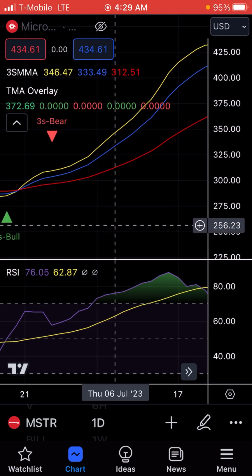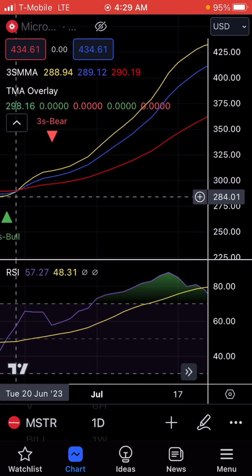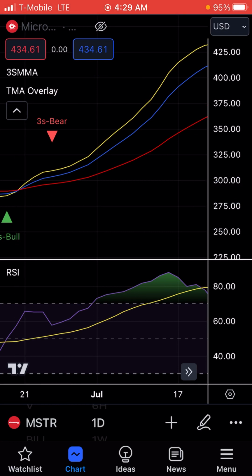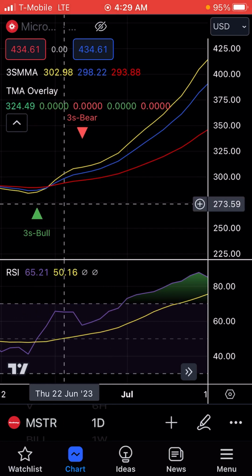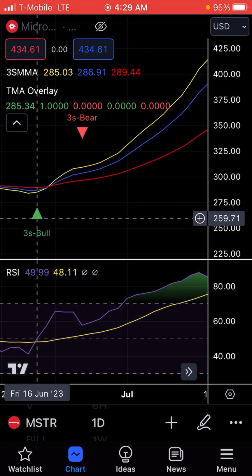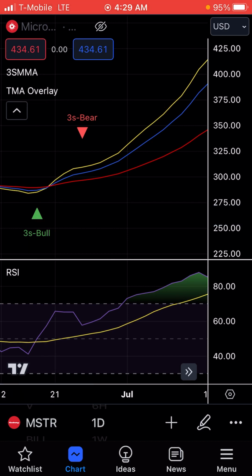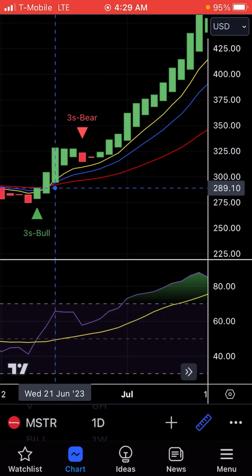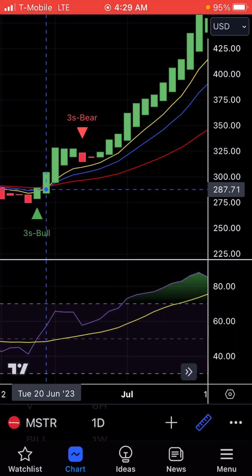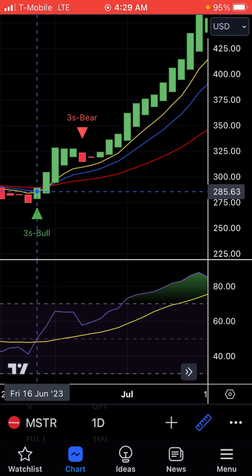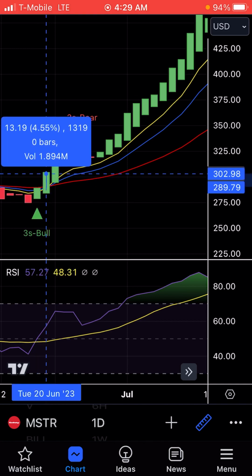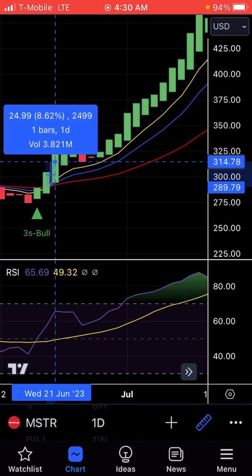Okay, so we see that the moving average is crossing up right here. So this would be a good moment to get in. We also see that in the RSI. So let's just see what happens. So the moment it crosses right here, you could get in here, but the moving average is crossing here. So you can ride this out for a little bit.